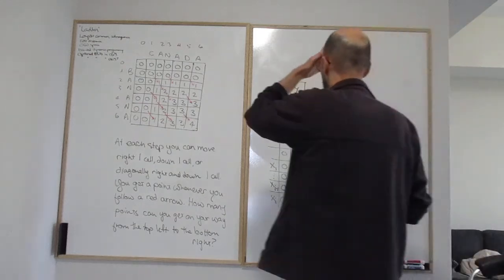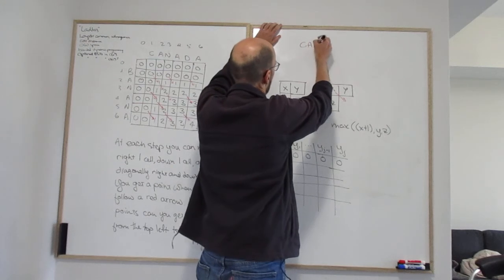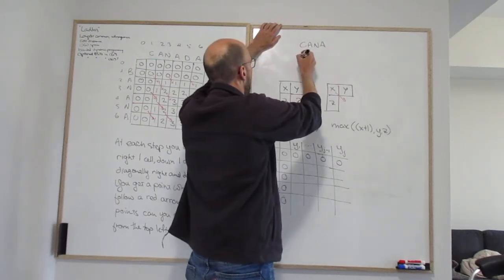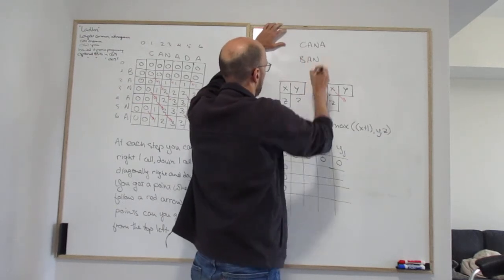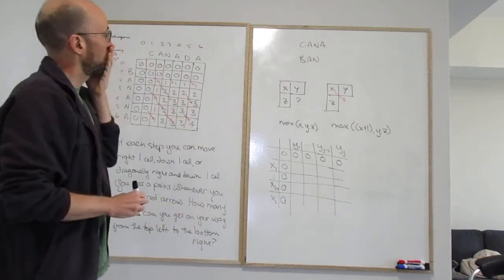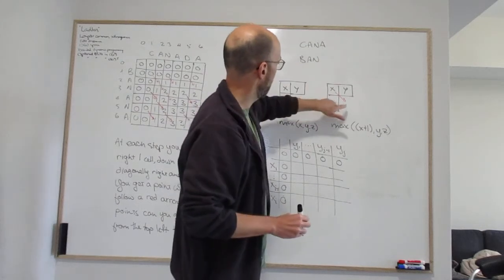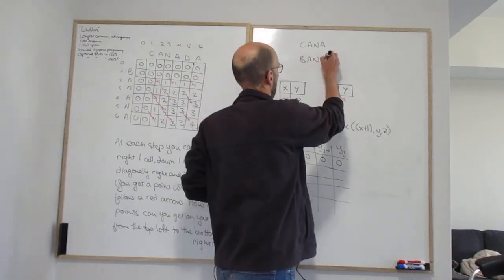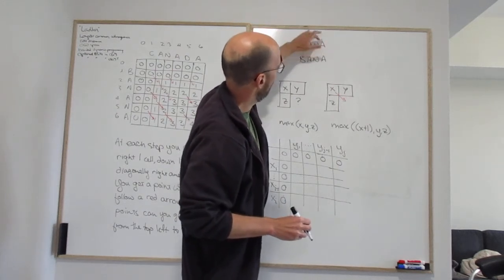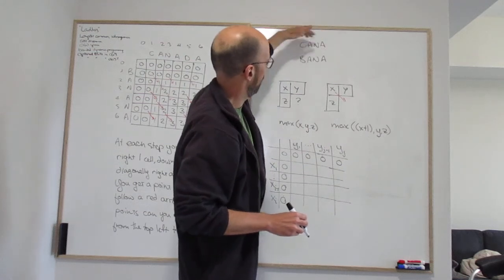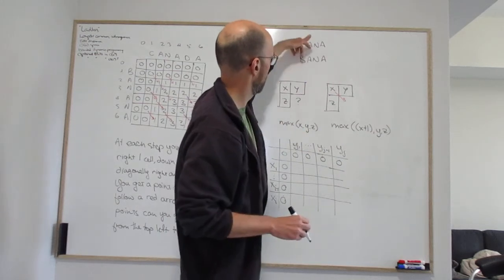So you can think, if I have like kana and ban, so what I can have is let's say bana. If the ith letter in this string, no wait, this is the one along the top, so I want it to be the jth letter here.